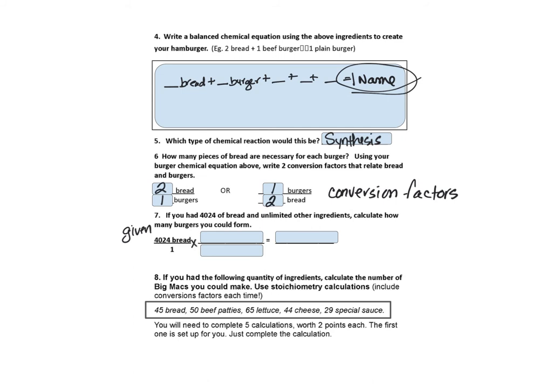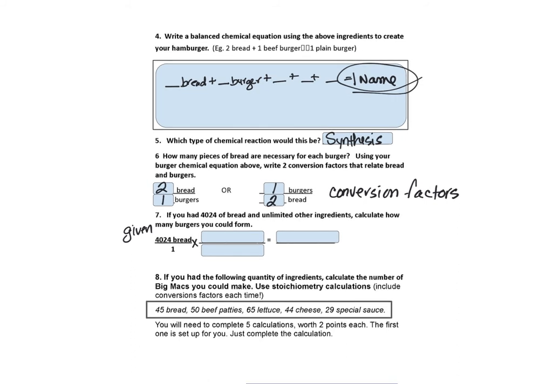I would multiply that by a conversion. For the conversion factor, we have bread here, but what we actually want for our unit, what we're trying to figure out, is burger. So burger is what we want on top here. When we're looking at our 2 conversion factors, I want the one that has burger on top.